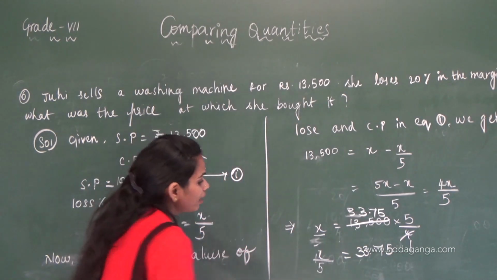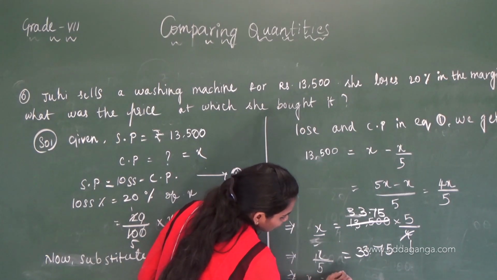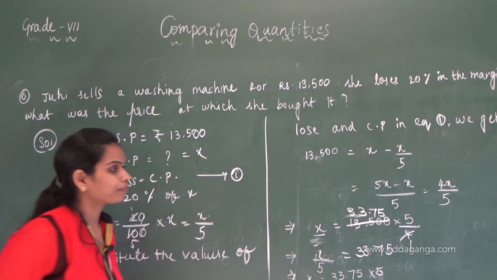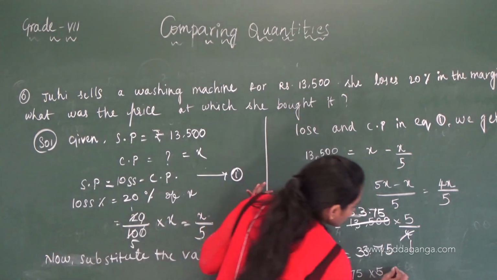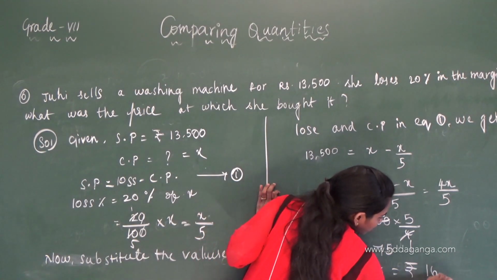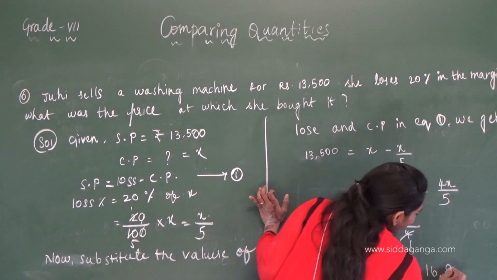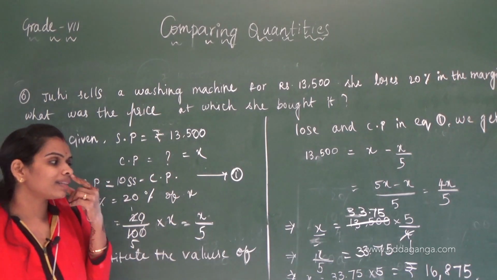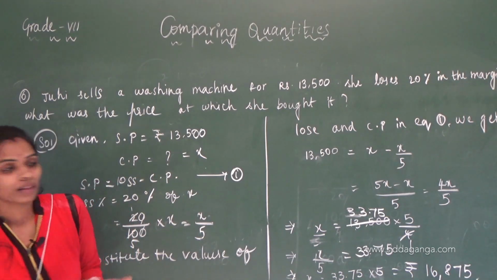Now we have to find the CP. CP equals 33.75 into 5. Then what do we get? 16,875.